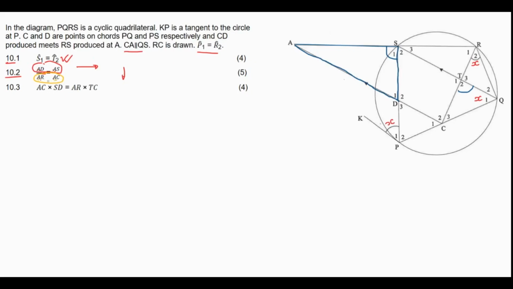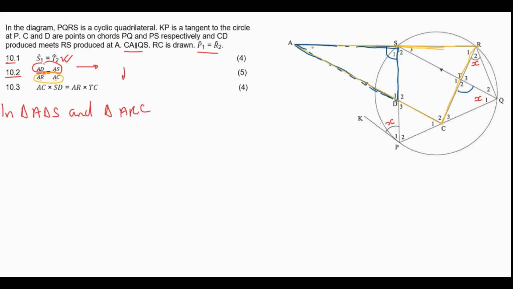A appears twice, so we take it once here. This is how you can identify your triangles. So now we have to prove that these two triangles are similar. So we have in triangle ADS and triangle ARC. Right, let's start with angle A, which is a very easy one.